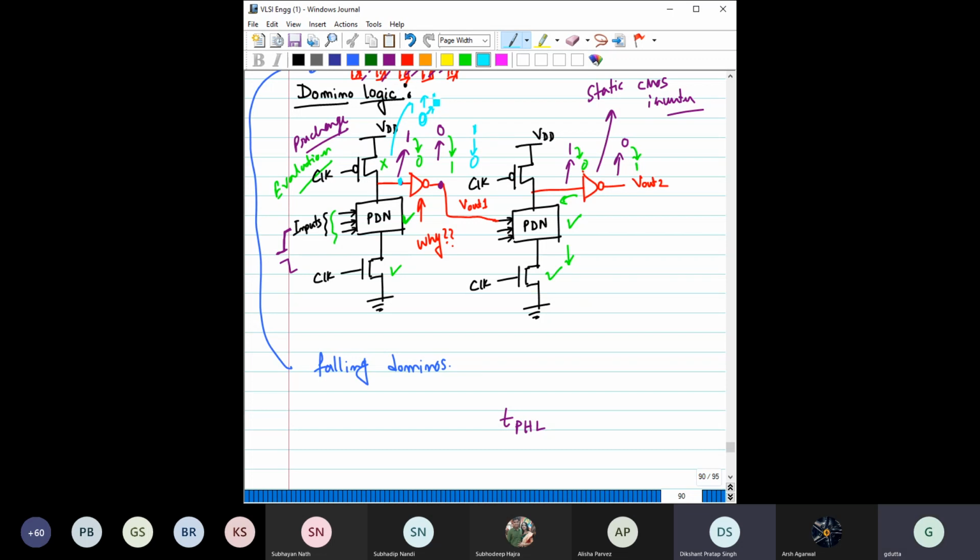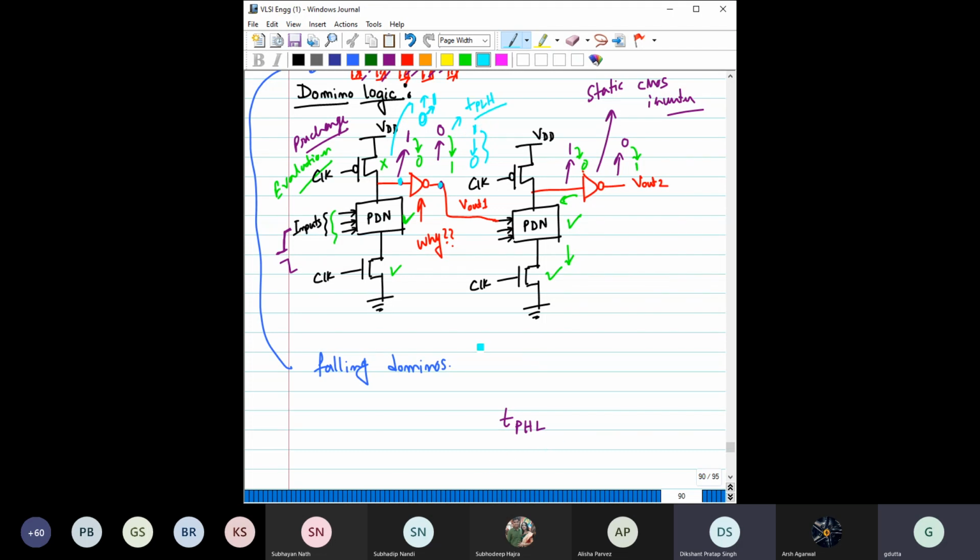No, right? That is the whole funda of dynamic logic. In the evaluation phase, it can only discharge, it cannot charge. So with respect to this input, this output can only rise, so basically it has TP low to high, right?